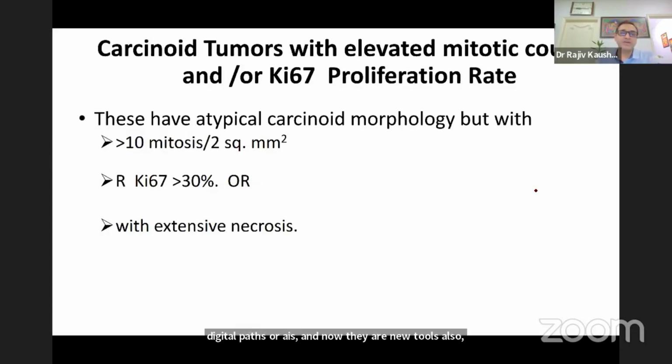There is another new entity described in the neuroendocrine tumors, the carcinoid tumor with elevated mitoses, total counts, or Ki-67. This is equivalent to the NET grade 3, neuroendocrine tumor grade 3 of the GI tract, which shows high mitosis.